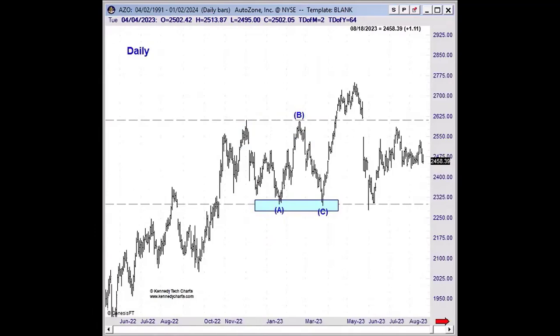Notice we came down and pretty much have an equality measurement between wave C and wave A. So this is a fairly good, textbook example of a flat that not only demonstrates the most common relationships we find between wave C and wave A, but is also a good example of the key defining characteristics of the pattern and also the slope analysis that we tend to encounter as well.